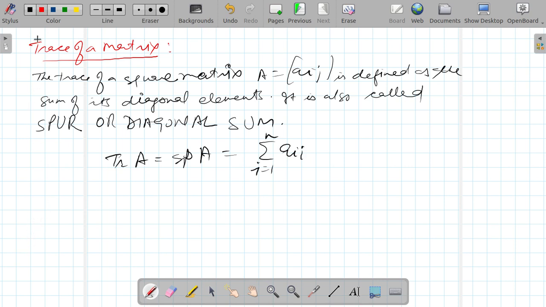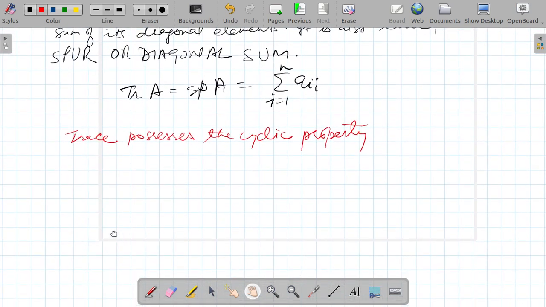And a very important property is that trace possesses the cyclic property. What does that mean?